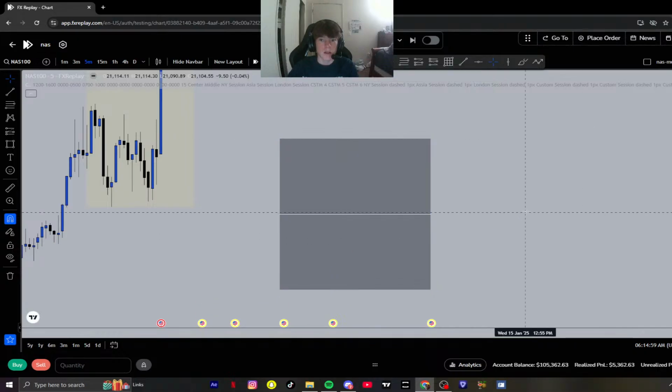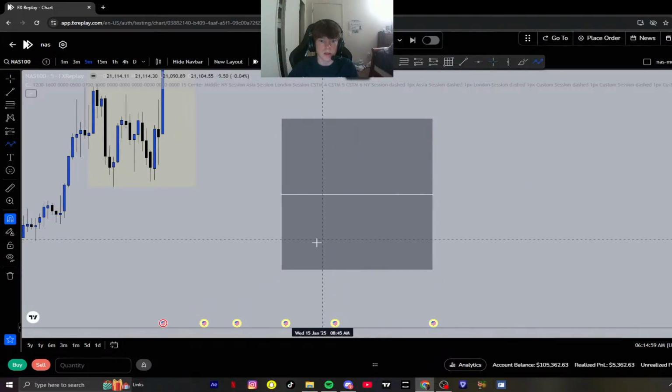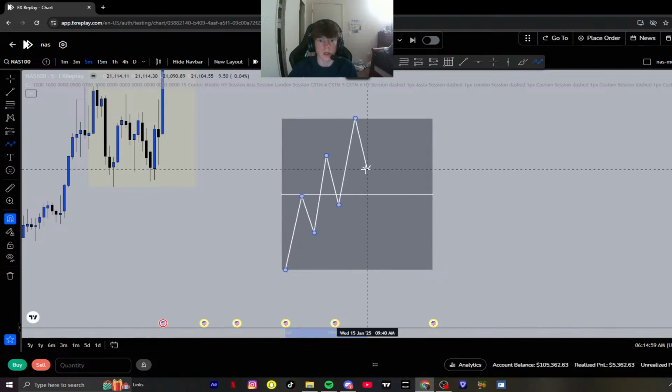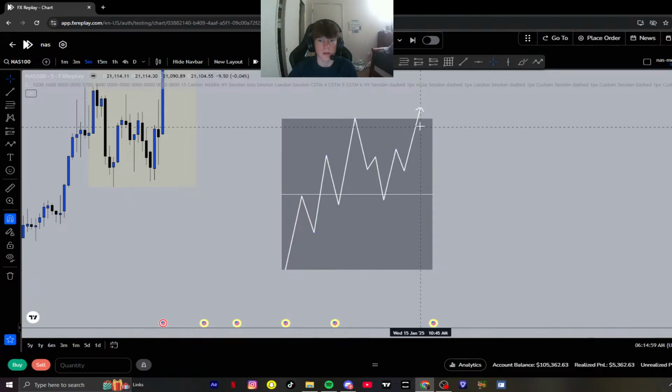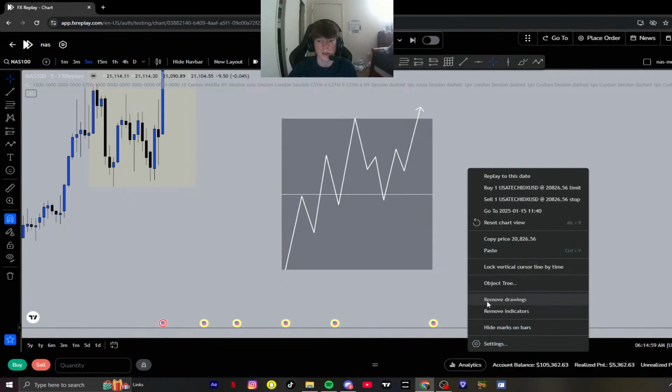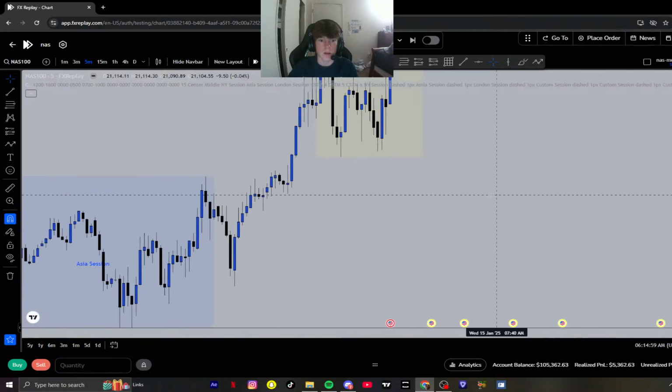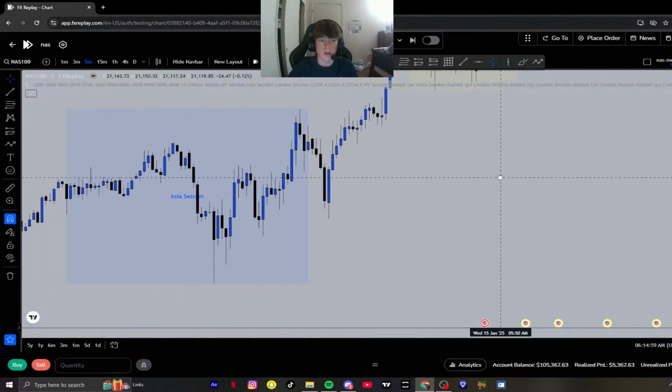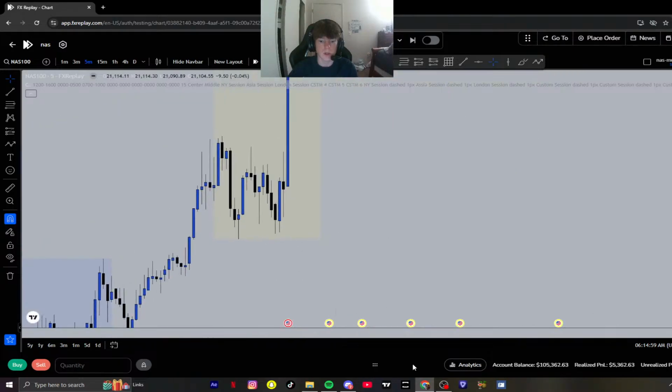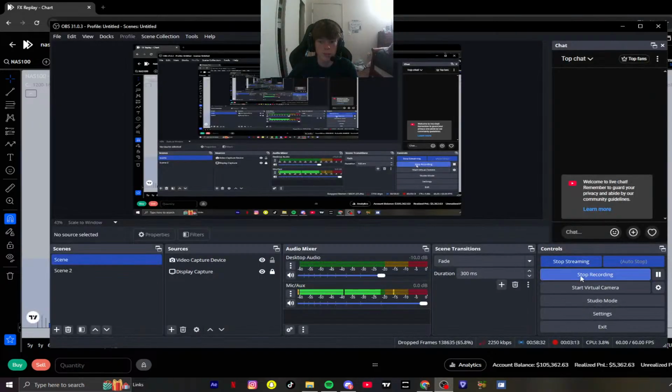So again, say this is a major low. It'll go up into here, trade back down into here, and it'll go back up. Major low, major high, price taps back into there, and then continues the direction. And that's just kind of it. I don't really know how else to explain it. So yeah, that's equilibrium and OTE.